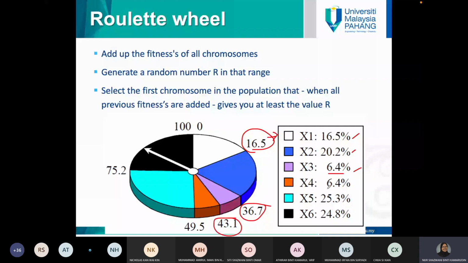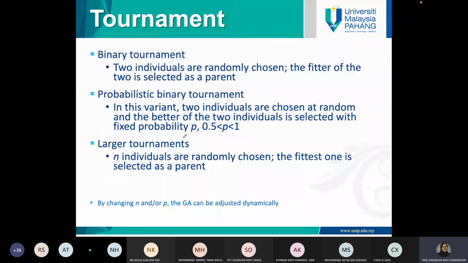Add X4, 6.4, gives you 49.5. Add X5, 25.3, gives you 75.2. And add X6, 24.8, gives you the total of 100. Okay, that's the roulette wheel.